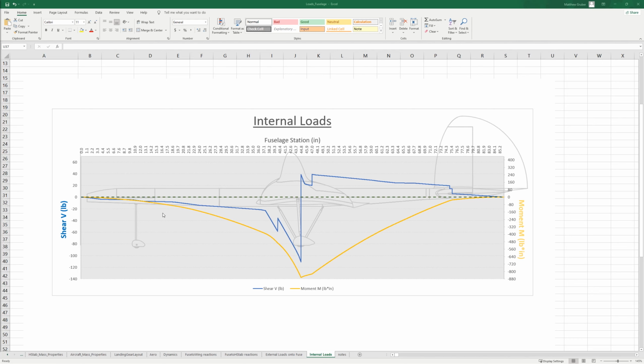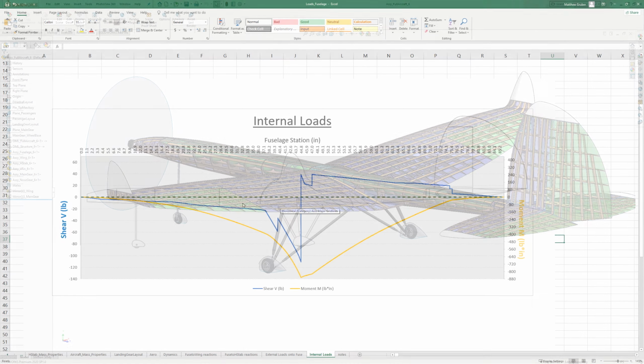And even further than that, that envelope would be just for the fuselage itself, and you'd also have loads diagrams for the wings, HStab, and vertical stabilizer. So this is the vertical shear and the moment in the pitch up and down directions. You would also have loads for the side-to-side direction.